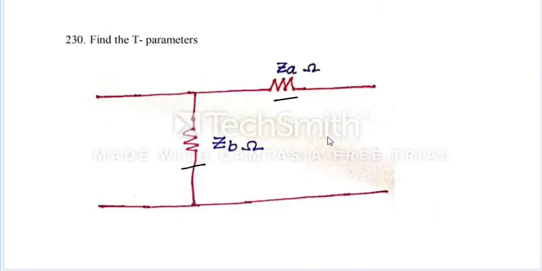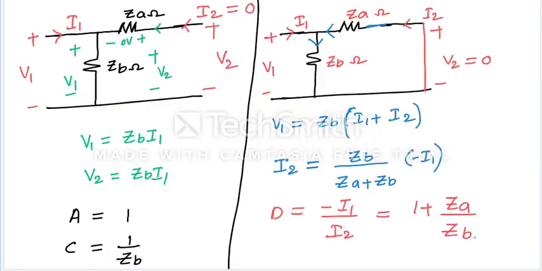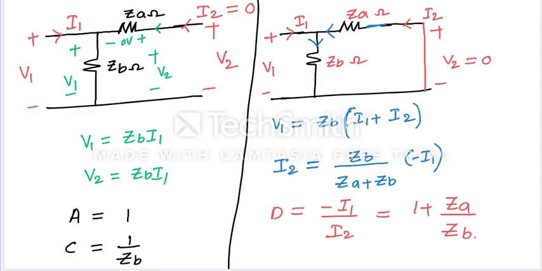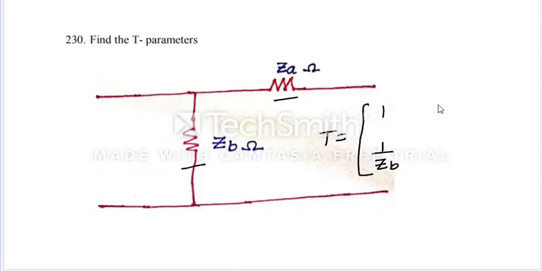And what are the T parameters we got here? Finally, A is 1, and C is 1 by ZB, and B is ZA, and D is 1 plus ZA by ZB.